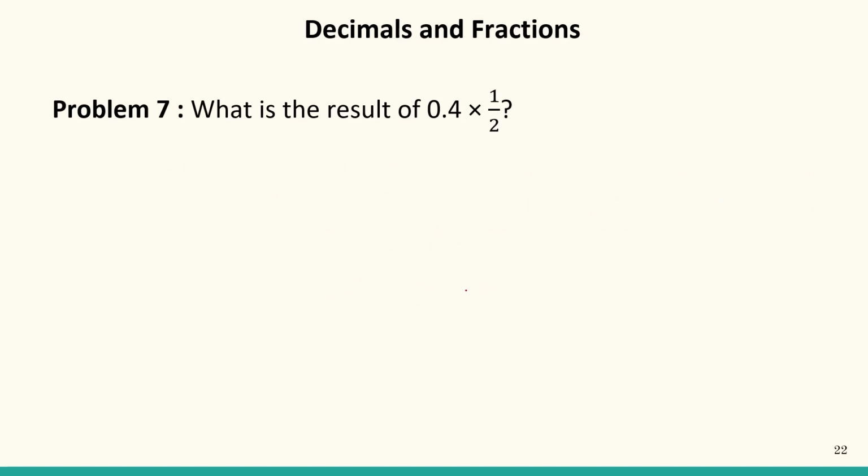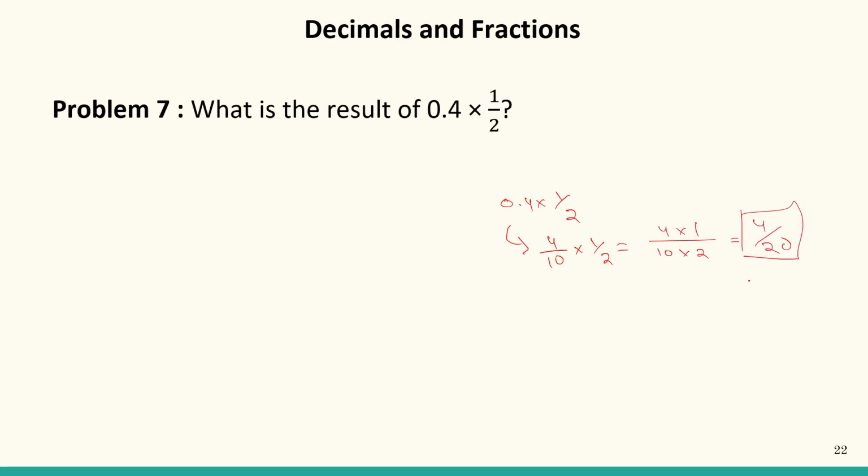So what is the result of 0.4 into 1 by 2? So we need to find 0.4 into 1 by 2. So 0.4 can also be written as 4 by 10. So 4 by 10 into 1 by 2 is equal to, what we need to do is multiply the denominators, that is 10 into 2, and then multiply the numerators, that is 4 into 1, that is equal to 4 by 20.